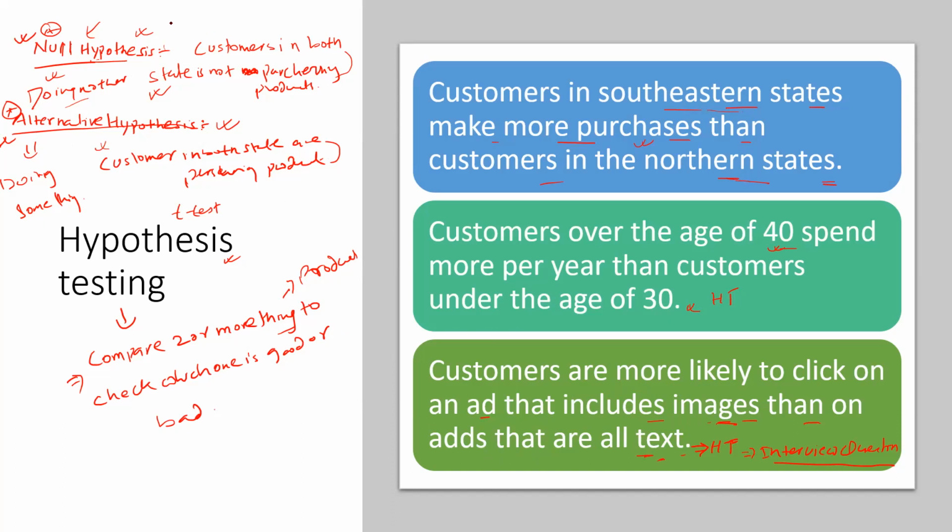So null will be not likely, alternative will be likely, and then we do hypothesis testing. In an interview, they can ask you to write the null and alternative hypothesis for a particular statement. Then you consider that null means you will not include that condition, and alternative means you will include it.